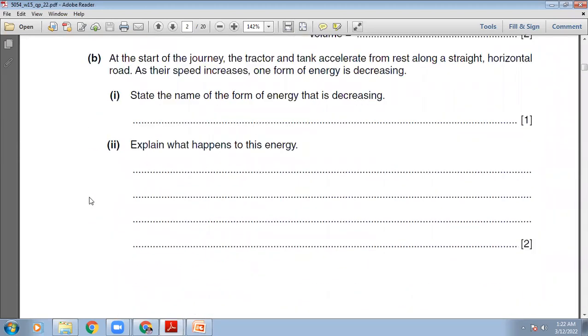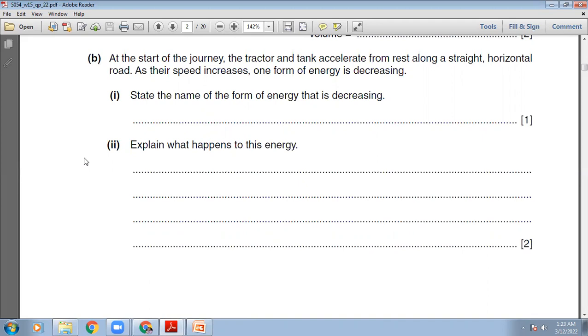It says, at the start of the journey, the tractor and the tank accelerate from rest along a straight horizontal road. As the speed increases, one form of energy is decreasing. State the name of the form of energy that is decreasing. Because the tractor uses fuel, and the fuel has chemical potential energy.